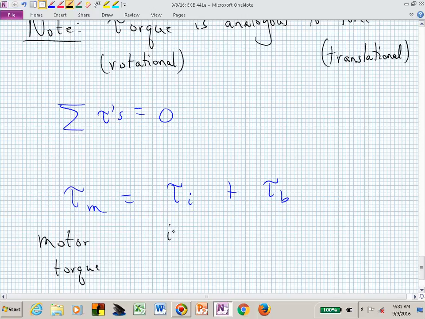This is the motor torque. This is the inertial torque. That's how difficult it is to spin that inertia. And this is the rotational damping torque.